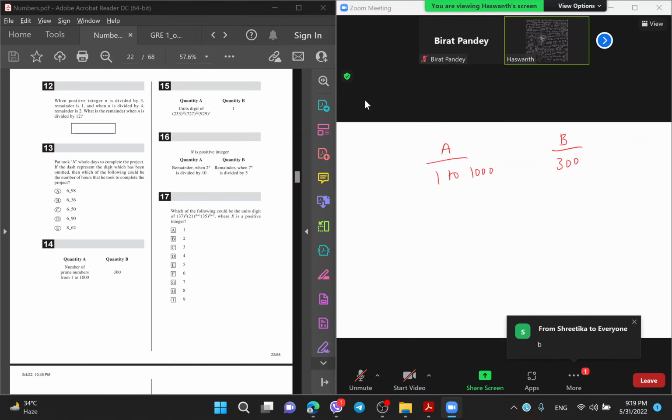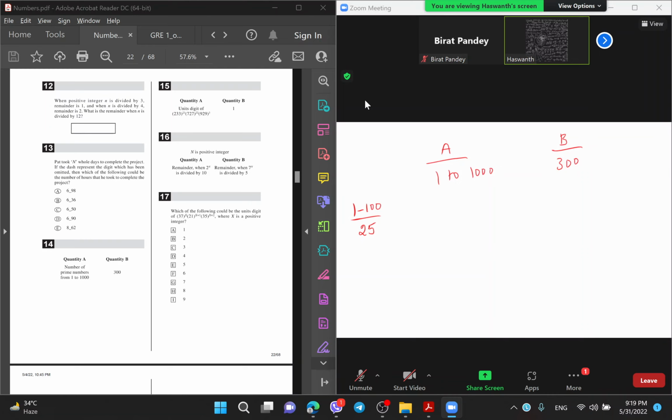Yes, quantity B. So the concept which we have seen is, from 1 to 100 there are 25 prime numbers. After that, take any interval of 100, the number of prime numbers is less than 25. But just assume that they are 25.